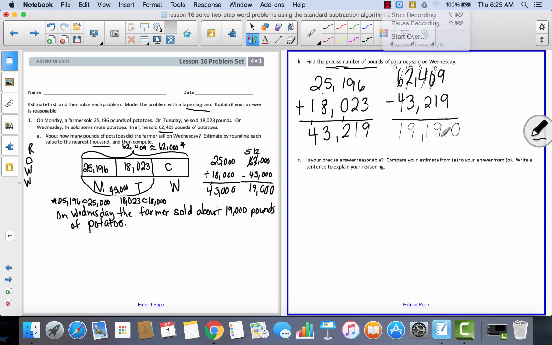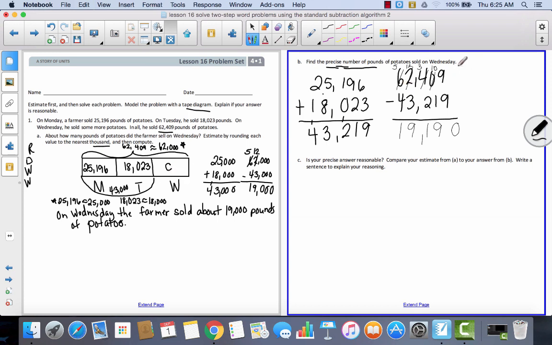Okay, so you can see here that I went ahead and subtracted. I did have to do a little bit of decomposing to be able to subtract, but my actual answer was 19,190. So now I'm going to write my word sentence. Now notice I did not redraw again because I already drew. It's the same tape diagram, but I am going to go ahead and write a sentence.